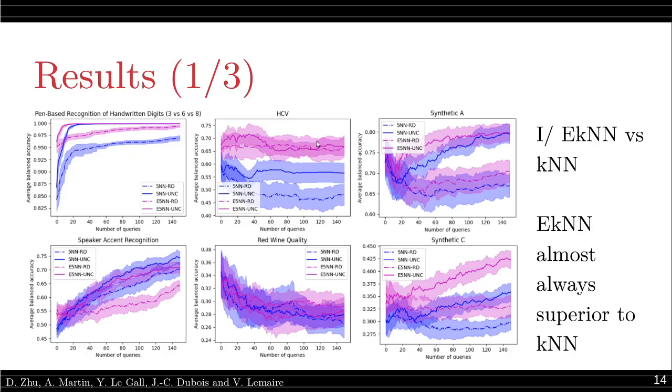The curves in magenta, in violet, are EKNN, and in blue this is KNN, and the bound around each curve is a confidence interval. And as you can see, EKNN is almost always superior to KNN, except for two datasets. So in fact, the classifier is still dependent on the dataset, like a lot of the classifiers.